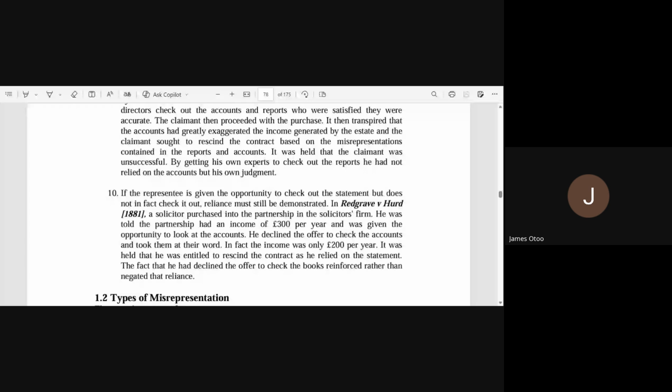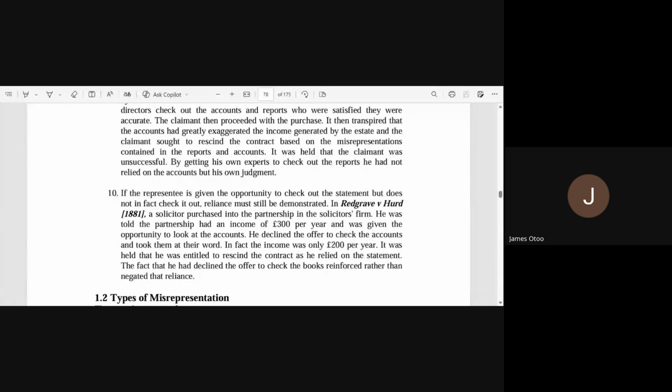If the representee is given the opportunity to check out the statement, but does not in fact check it out, reliance must still be demonstrated. In the case of Redgrave, a solicitor purchased into partnership in a solicitor's firm. He was told the partnership had an income of 300 pounds per year and was given the opportunity to look at the accounts.